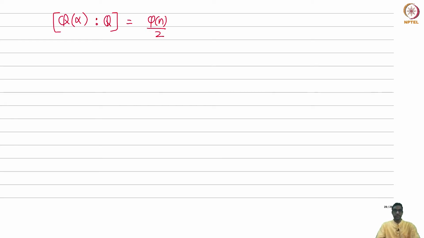Okay, now recall constructibility of a real number. When is it possible to construct a real number? So we have seen all this. Recall, alpha, a real number, is constructible if and only if it belongs to a tower of extensions.